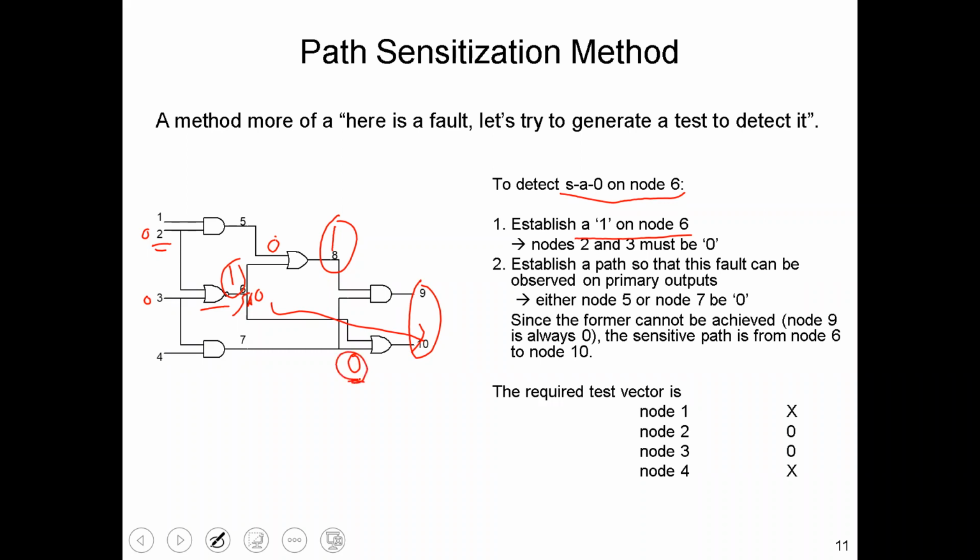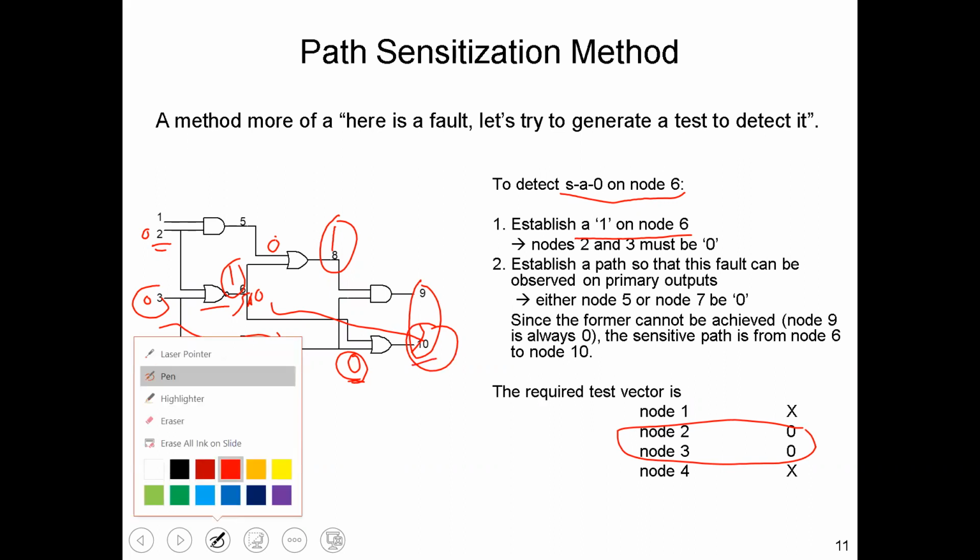For this 0, as node 3 is 0, node 7 is always 0. So node 4 is don't care. So with this, we set node 2 and node 3 to 0, 0, and we can observe this faulty signal at node 10.